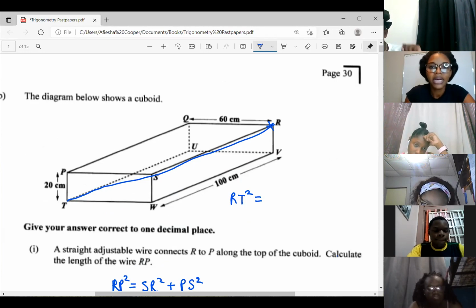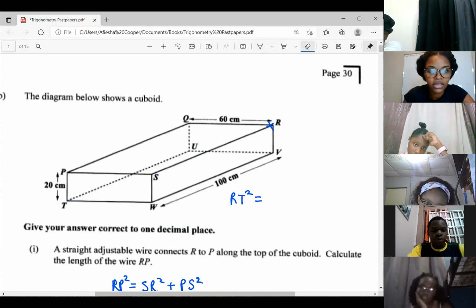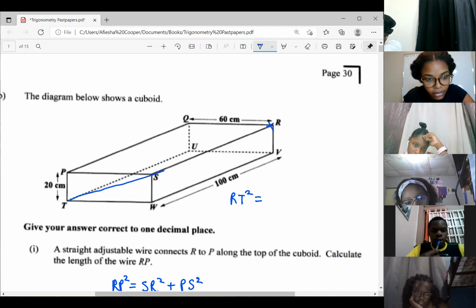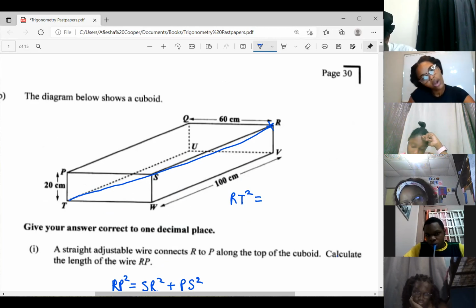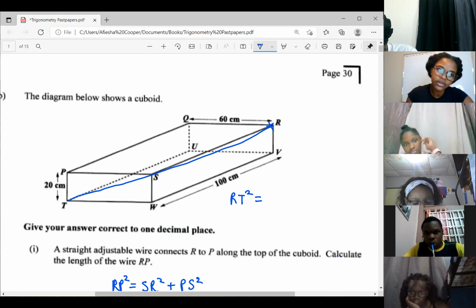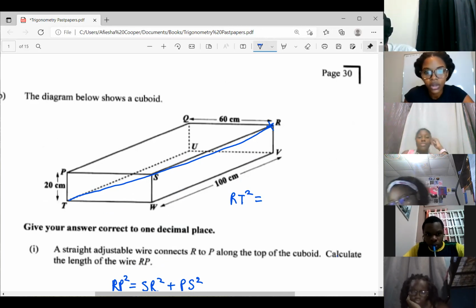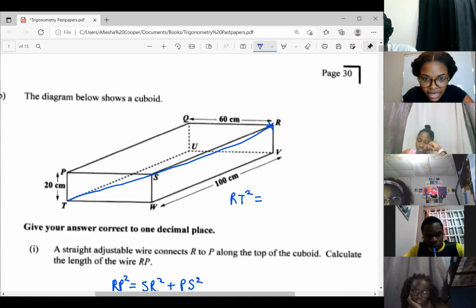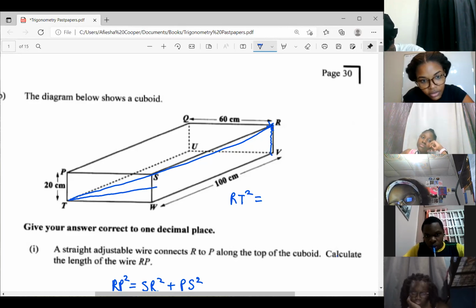So what happened here is we went here. A straight line was connected here. So how can we use Pythagoras theorem to work this out? Miss, like use the other line to draw. So we see that this line could connect down here, and we could have a straight line on the base to go like this.